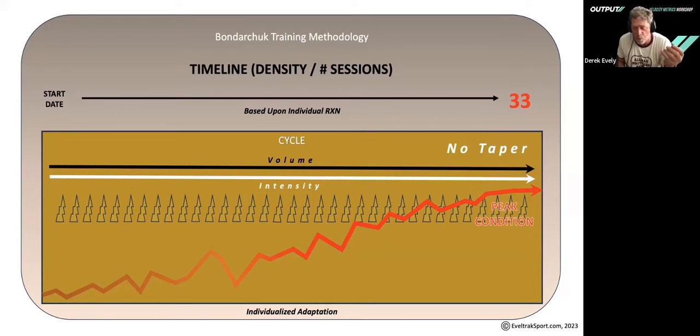And I found with a lot of women I've coached, some react more like men, but most women, if you ease off the volume too much, then they may have an initial climb, but then they'll crash pretty quick. So we don't taper in this.